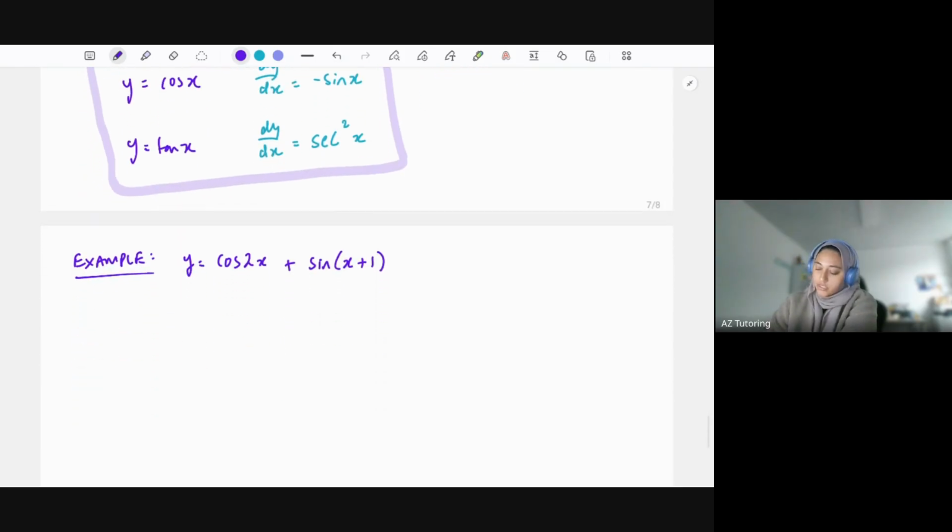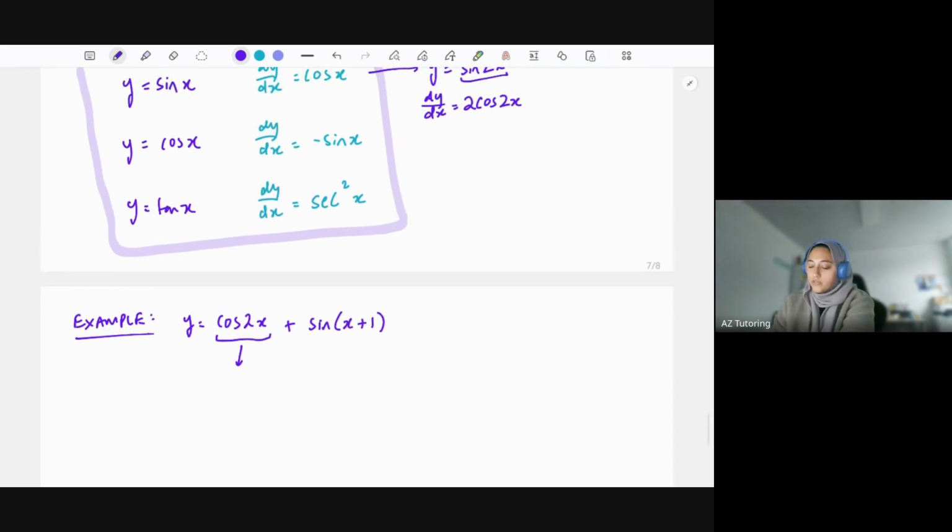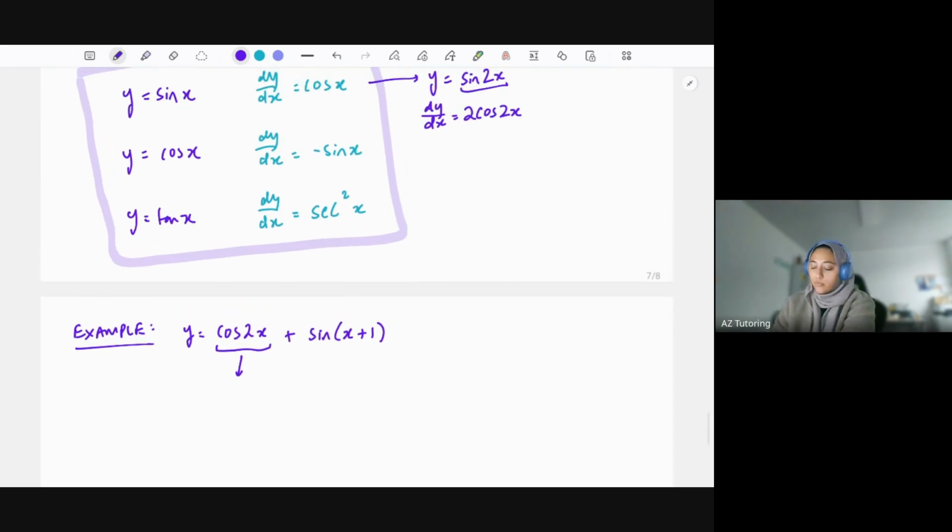For this first one, let me differentiate this part first. Just like I said before, the differential of cos is minus sine, but we've got that 2x there. So bring the 2 out, because the differential of 2x is just 2. The differential of cos 2x is minus 2 sine 2x. So that's where that comes from.